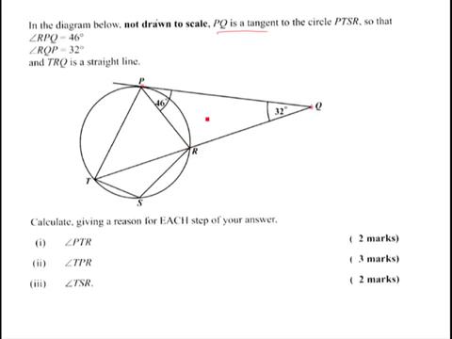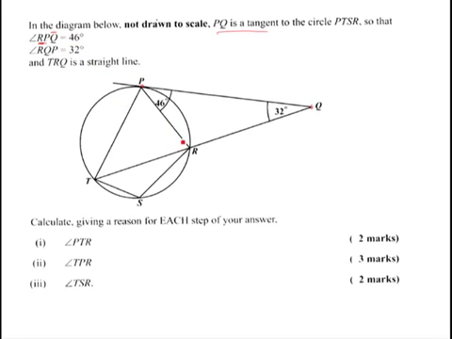Next point is angle RPQ, the symbol means angle. Angle RPQ is equal to 46 degrees. Let's look at that. We move from line R to P, then from line P to Q, and that creates an angle, a turn.